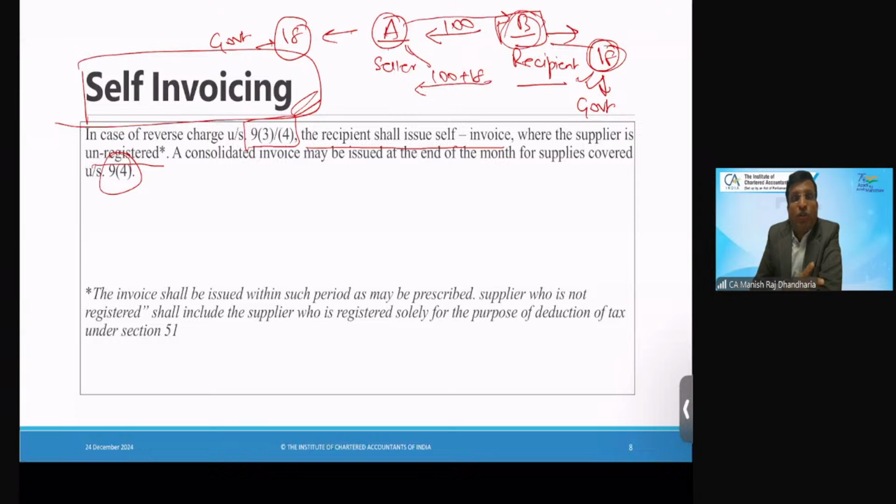Similarly, in case of legal charges, you have to compulsorily pay the RCM. There are lots of other services also, like in real estate, there is the concept of RCM in case of development rights. You can read notification 11, where you will get the complete list of compulsory RCM.